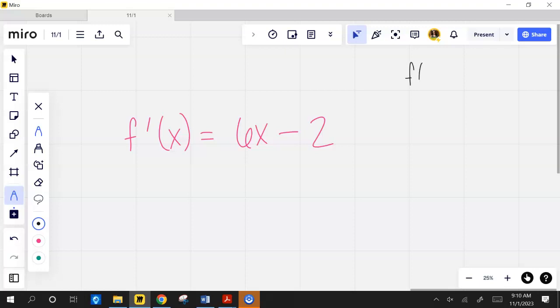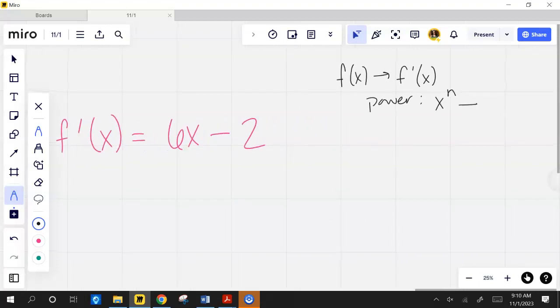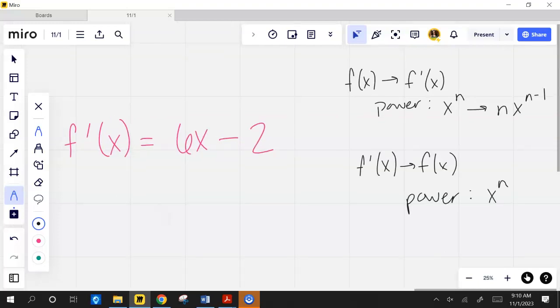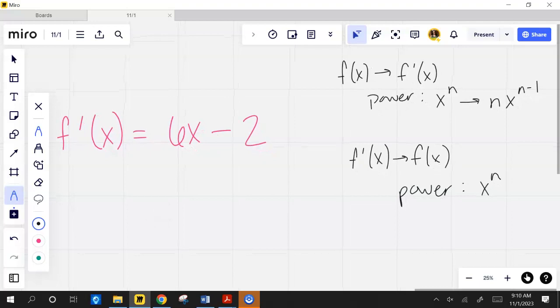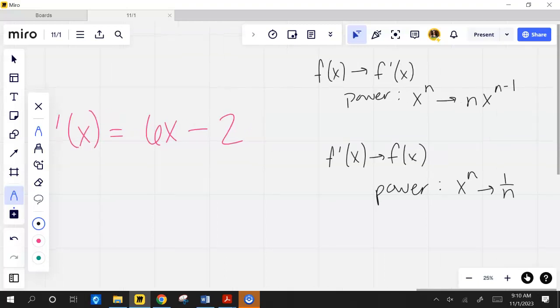Okay, when we go from function to derivative, if I'm talking about the power rule, remember this becomes this, right? But if I'm going from derivative to function, my power rule is the backwards of that, right? So if it is x to the n, what are you doing? So you're doing 1 over n, because you're dividing by n, right?